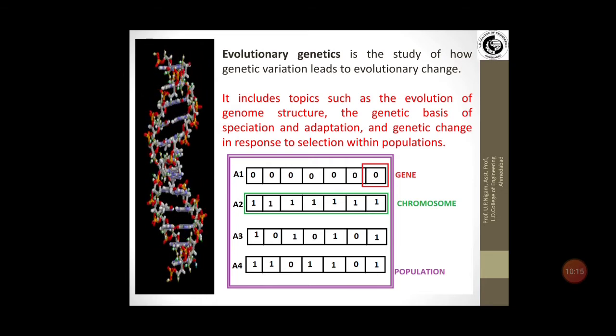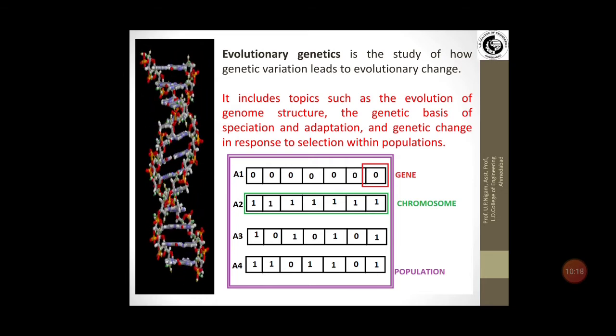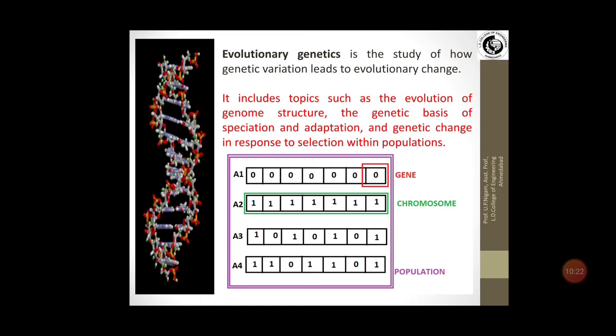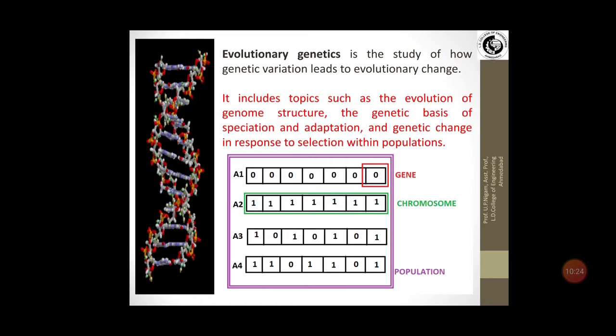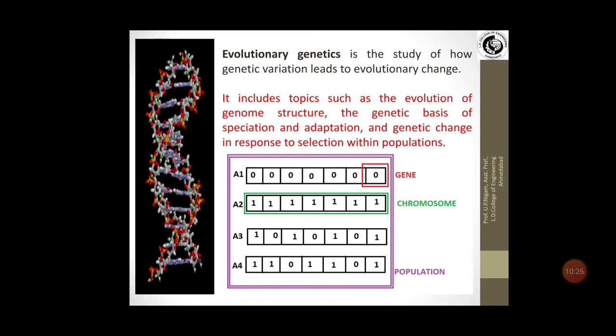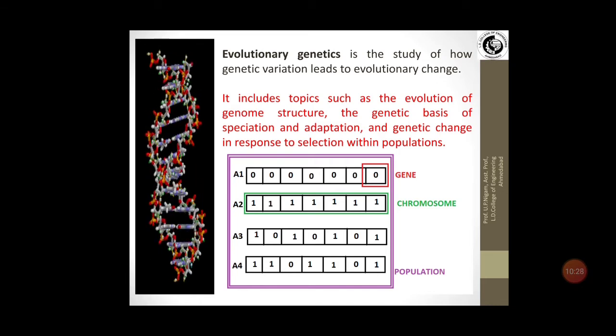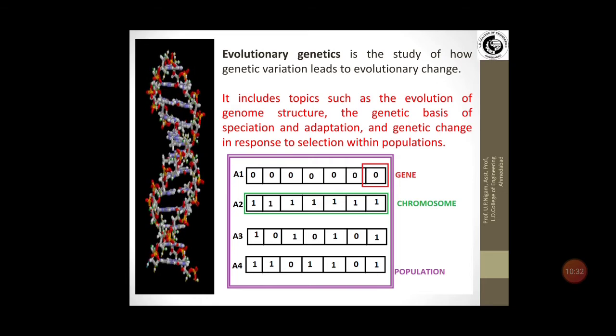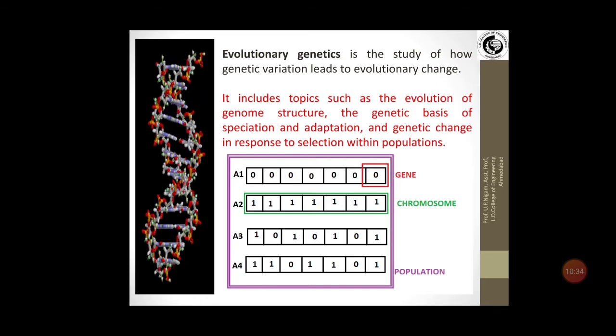So it includes topics such as evolution of genome structure, the genetic basis of speciation and adaptation, and genetic change in response to selection within populations. So you can see this figure. In the dark pink color you will see the population.